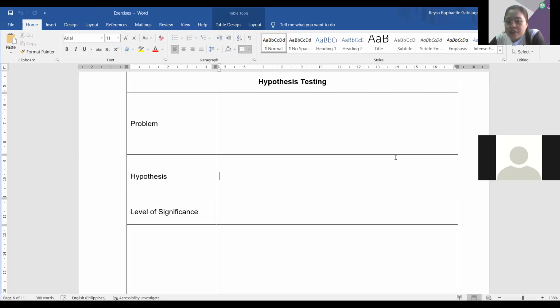So you have to make sure that in your hypothesis, you are going to state what are those two groups na kinukuhanan natin ng difference. So, most probably, the correct hypothesis here, I'll just type Ha. There is, for the alternative, there is a significant difference.